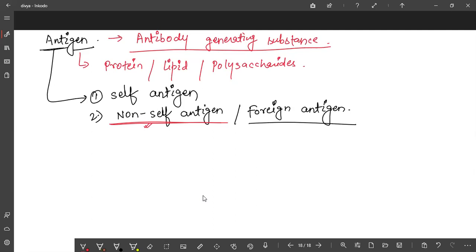So simply we can write that our body can differentiate. Body means immune system.